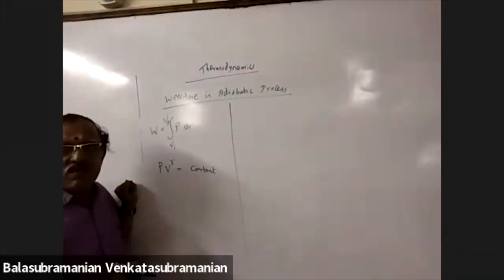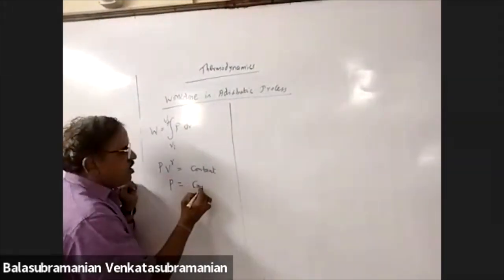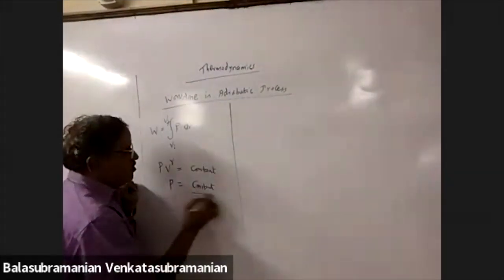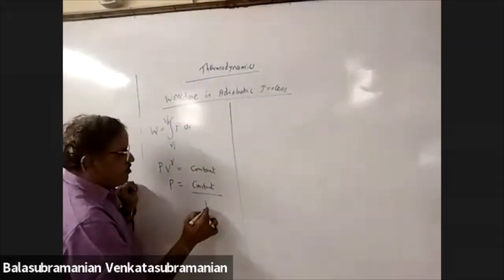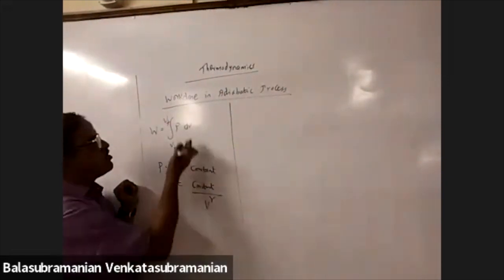Just now we have seen PV power gamma is equal to constant. So P is equal to constant by V power gamma. Instead of P, you substitute this value here.